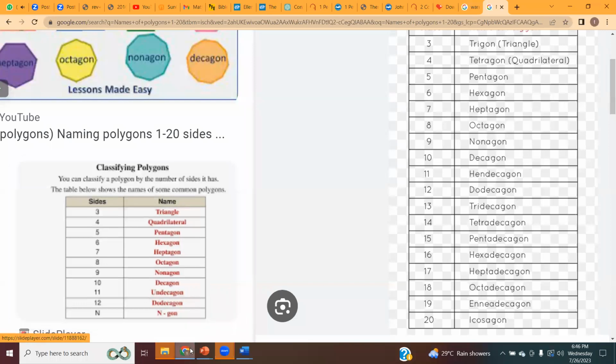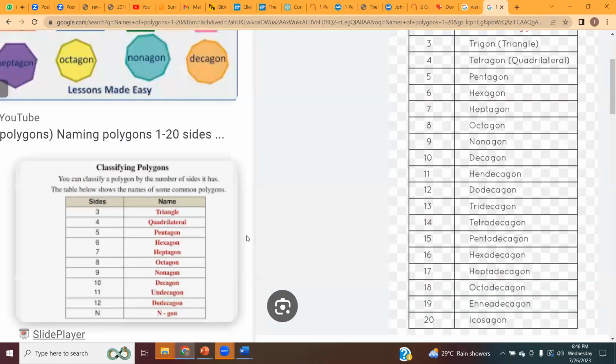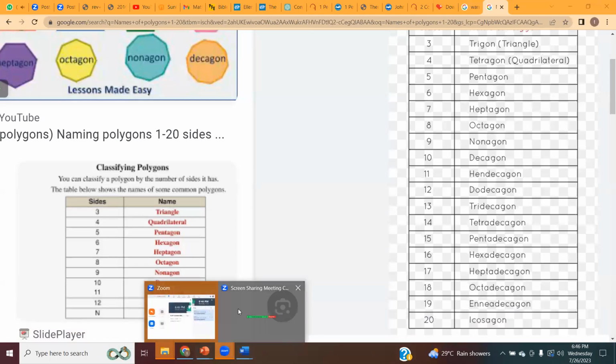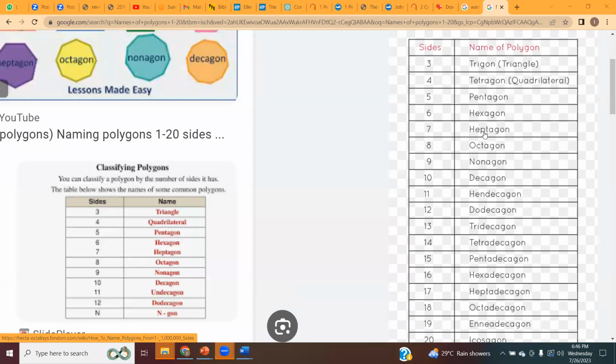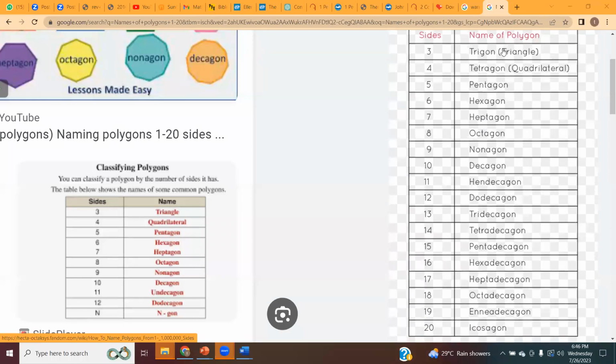Don't write it down. This is just for your information. But I just want you to know that it definitely has more than just 10 sides. So I'm going to let Naya read this list. This is the polygons list, all of the polygons from 1 to 20. I want you to try and read it.